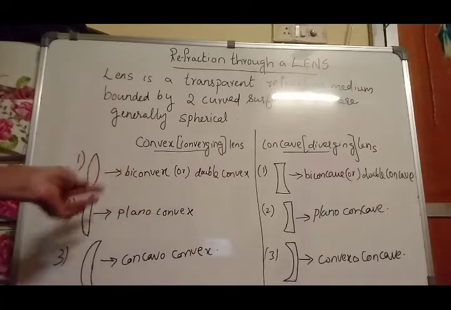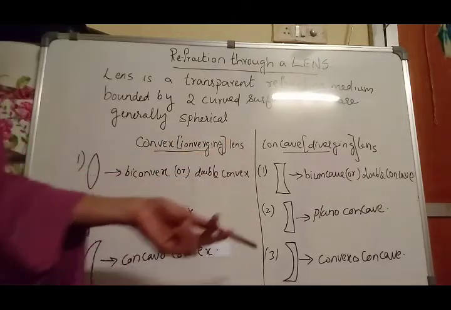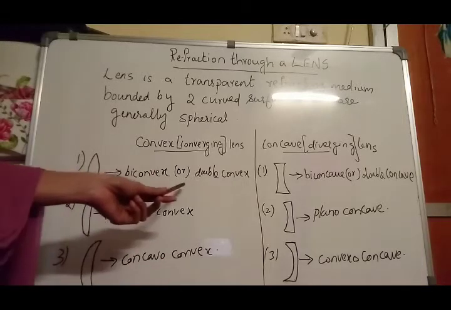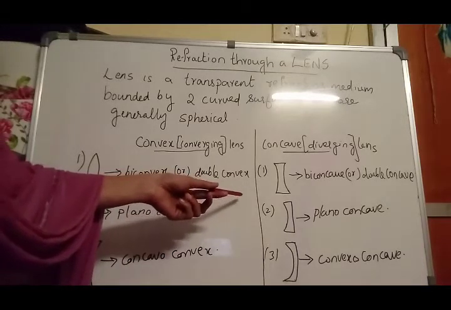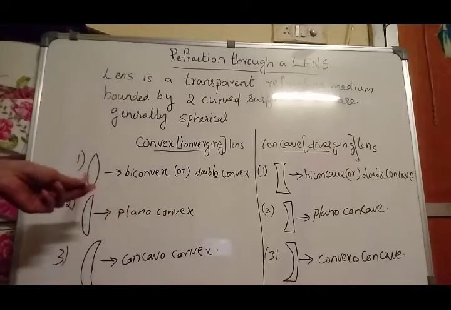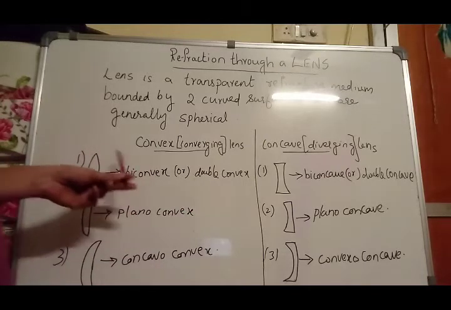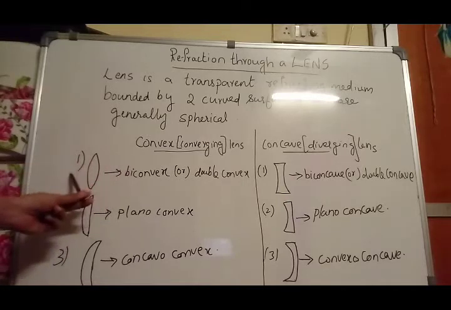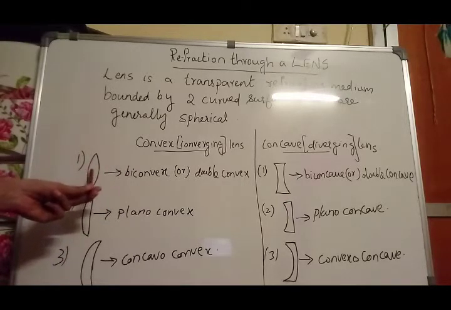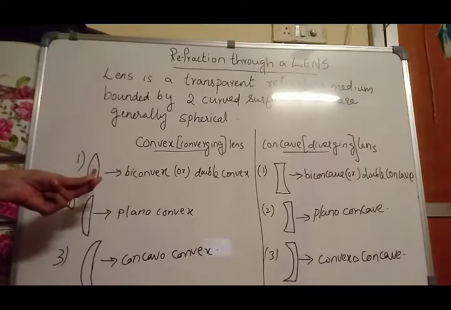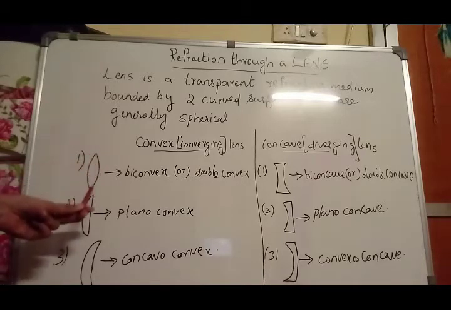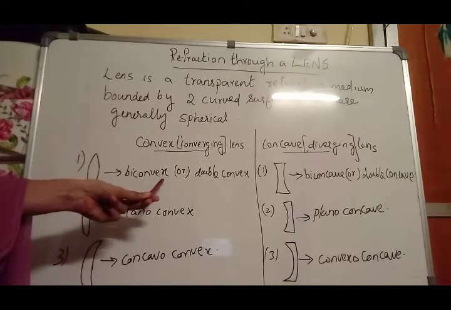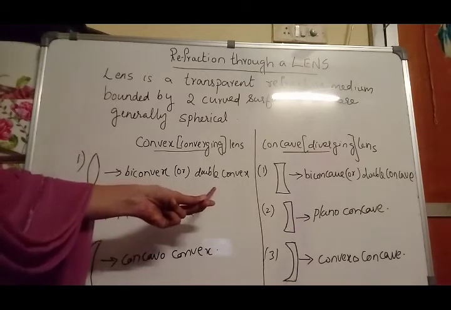Now we have three types of convex lens and three types of concave lens. First one is known as biconvex lens or double convex lens. That is what I showed you. For a biconvex lens, both sides of the lens will be bulged outward. The middle portion of the convex lens will be thick, and the peripheral region or the end region will be thin. So this is biconvex lens, also known as double convex lens.